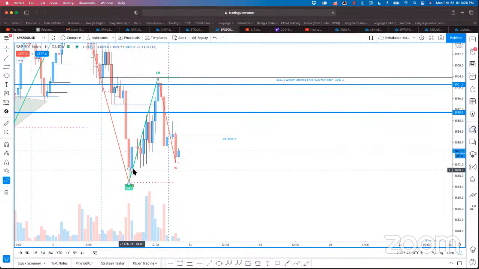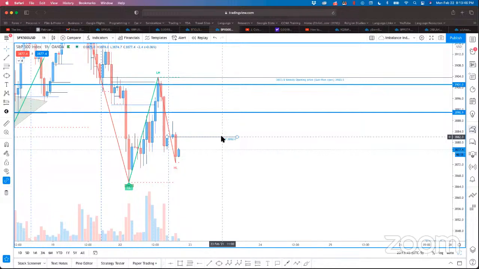I just know that as long as it's below 38.82, it's negative. And if it gets back to this price, there's a possibility it could reject from here. But if it doesn't and it breaks above this, I got to trade too.